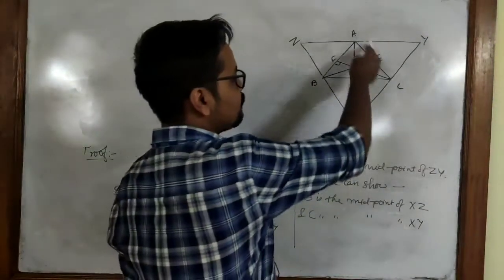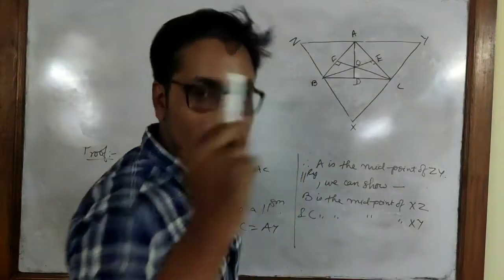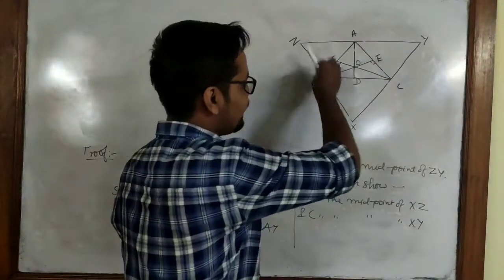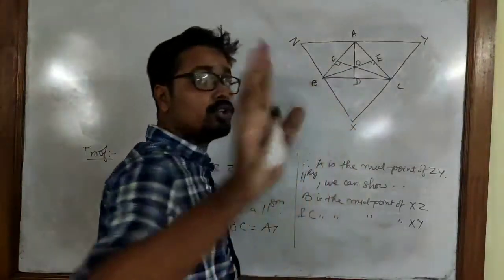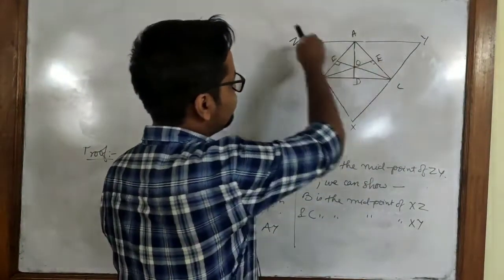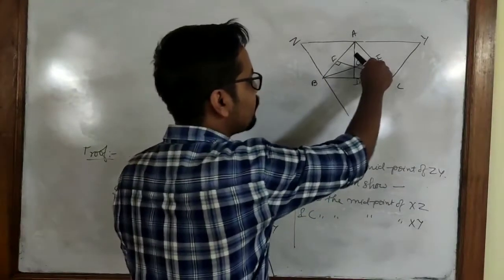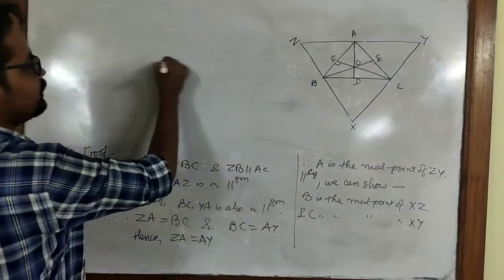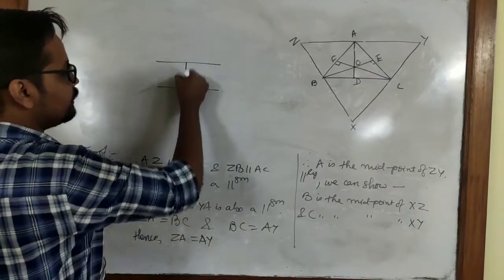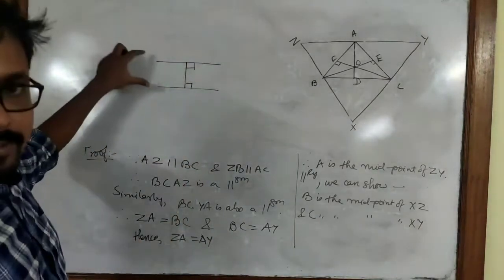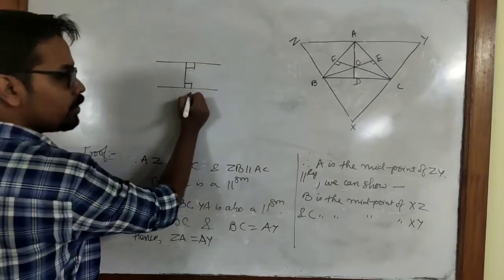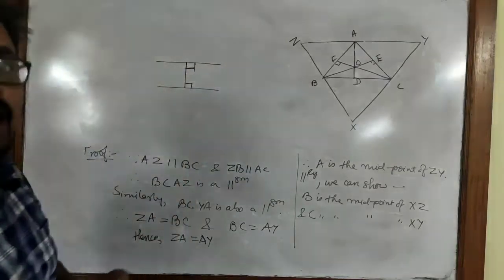But we have also said that AC and XZ are parallel, according to our construction. So this line is parallel to this line and this is perpendicular to this. If two lines are parallel, a line drawn perpendicular to one of them will also be perpendicular to the other.